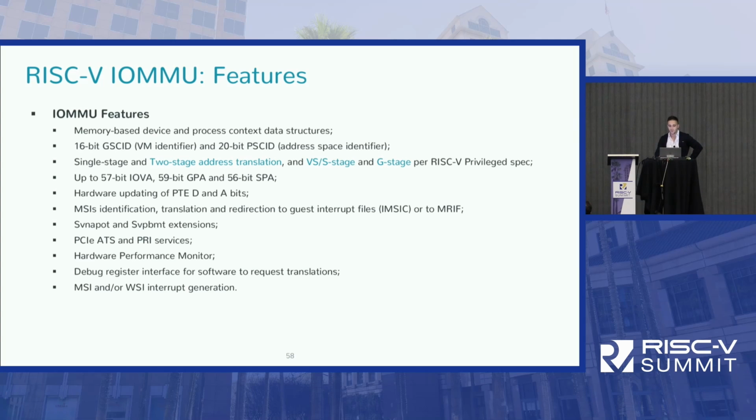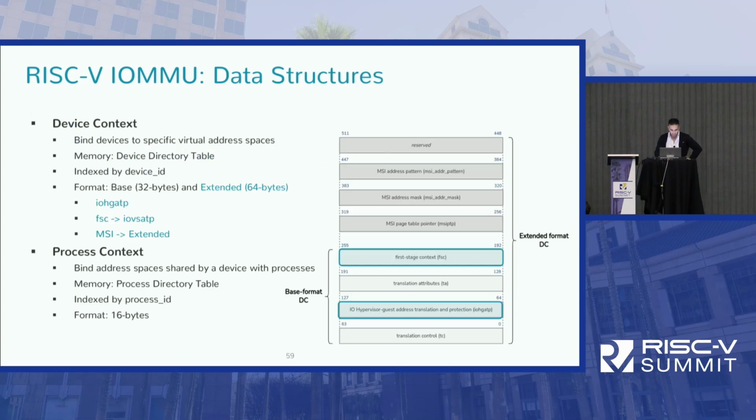The most important thing is that the IOMMU can just implement a single-stage translation, but when we are talking about virtualization, we need two-stage address translation. Quite important is that this specification mandates that this translation should be compliant with the translation and definitions of the RISC-V privileged spec.